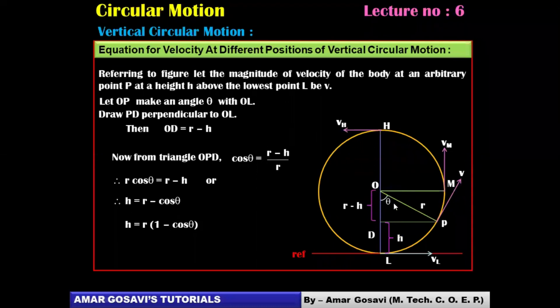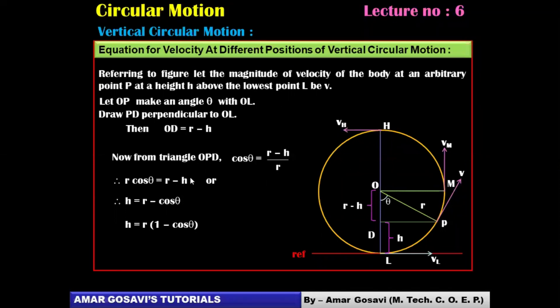Now if you all agree to this geometry, then if you talk about this triangle OPD, or ODP, it's a right angle triangle, and cos theta will be given as adjacent side upon hypotenuse. So that is R minus H upon R. So shuffle it and you get R cos theta equal to R minus H.